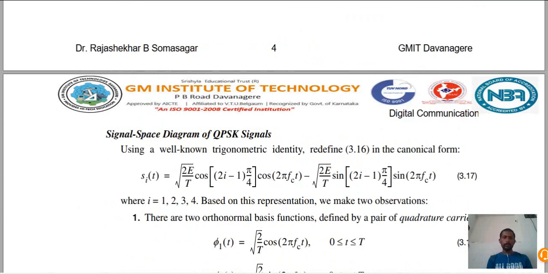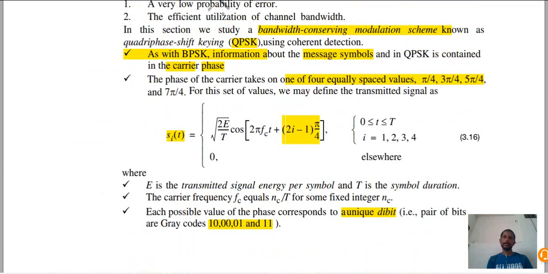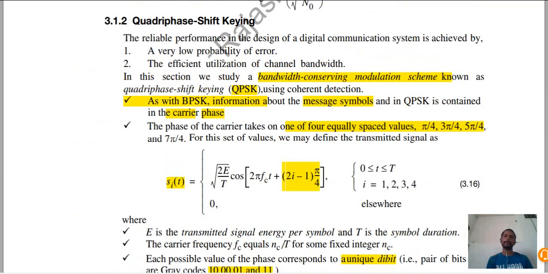After this, what we have discussed is the representation of the QPSK signal and symbol, that is the quadrature phase shift keying signal and symbol representation.